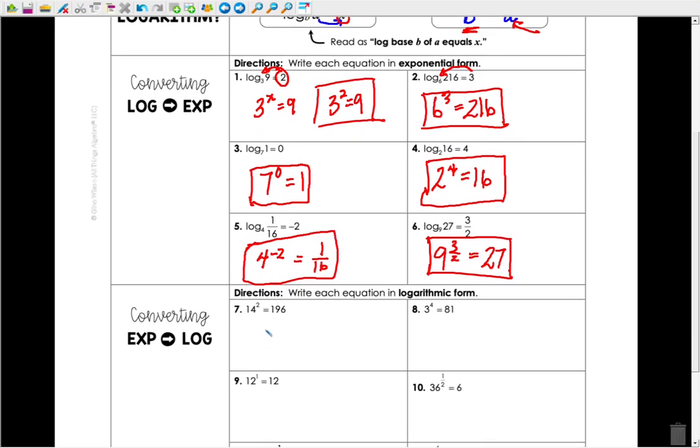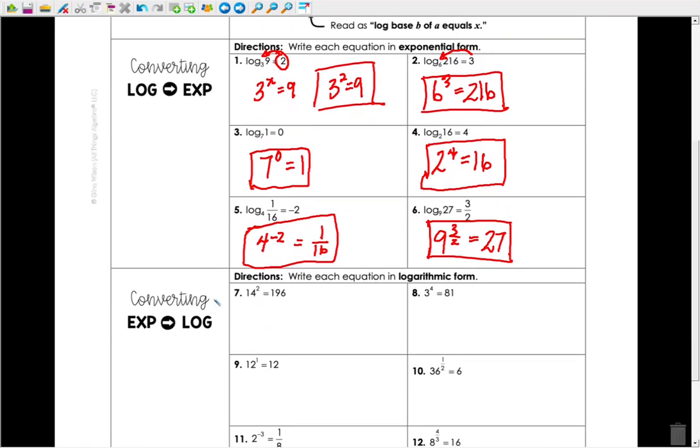So going in reverse, this would be log, and the base is still going to be 14, so it would be log base 14 of 196 equals 2, because 14 to the second power is 196.